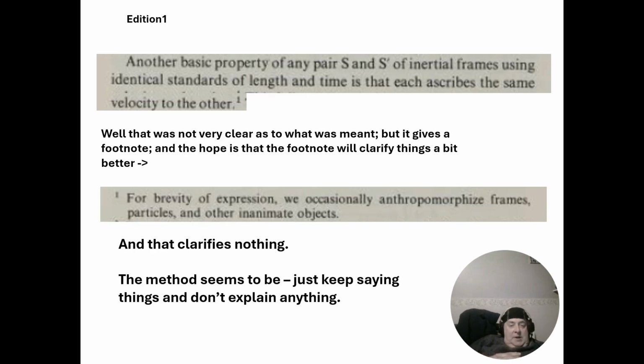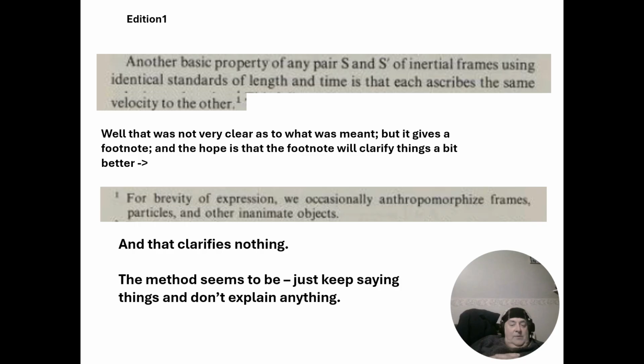So edition 1 of the book carries on, another basic property of any pair S and S prime of inertial frames using identical standards of length and time is that each ascribes the same velocity to the other. And so my complaint there, well, that was not very clear as to what was meant, but it gives a footnote, and the hope is that the footnote will clarify things a bit.